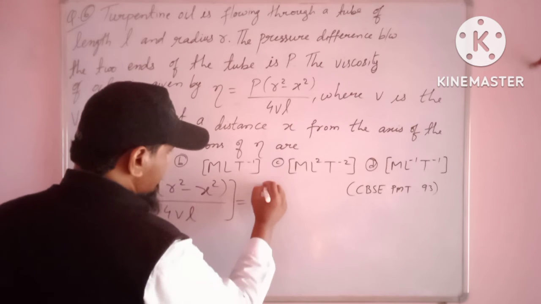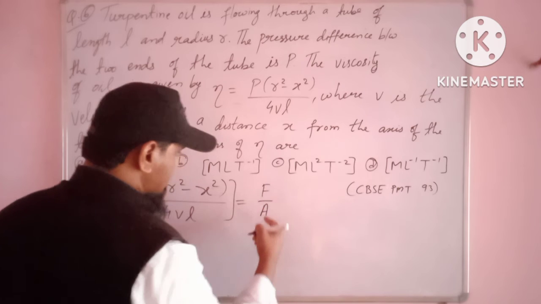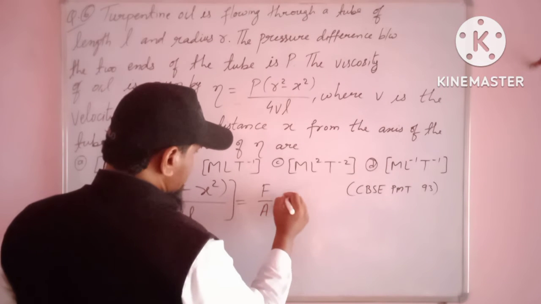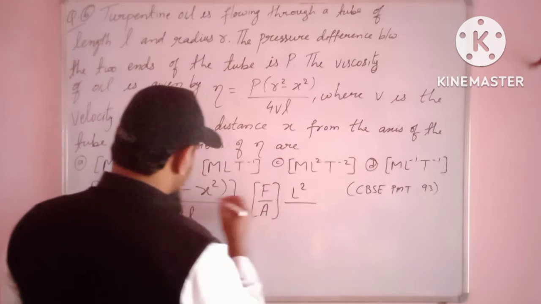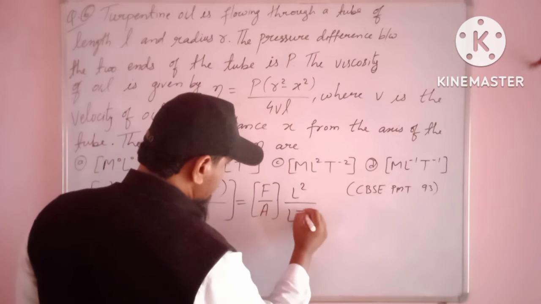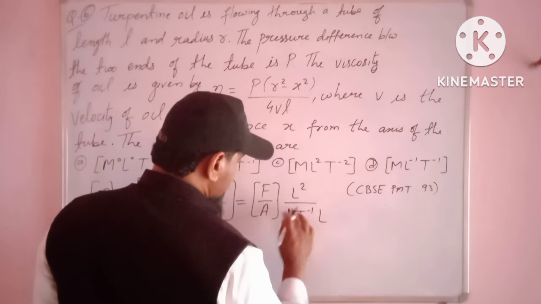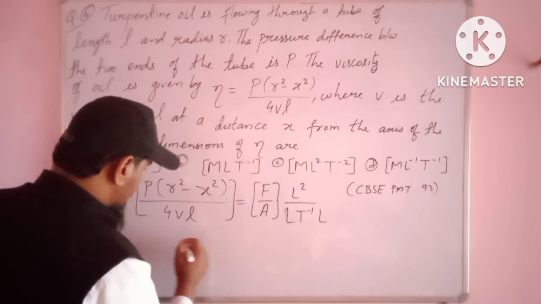Dimensions of pressure will be equal to force upon area. R square is L square, you can write down L square. Then V dimension is LT power minus 1, L dimension is L. Let us write down the dimensions of force.